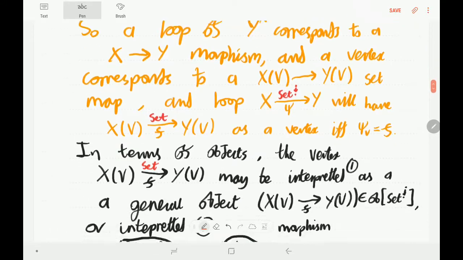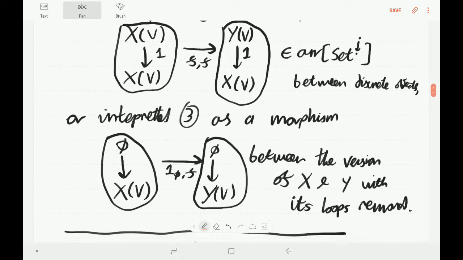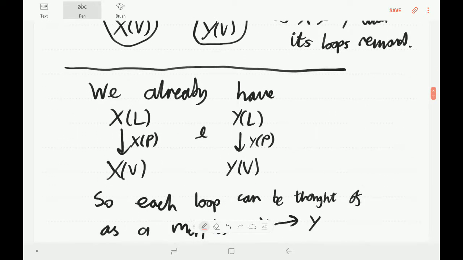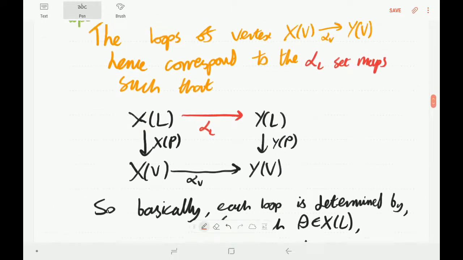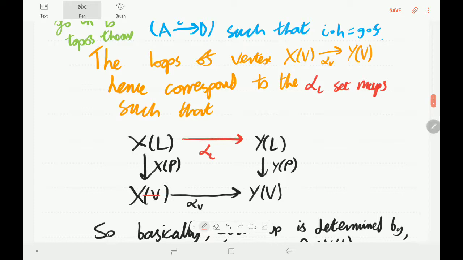And given this, we can actually find out the loops on a given dot. So say we have a dot in the exponential object, that will correspond to a mapping alpha v from x of v to y of v. Well, then all the loops are just going to be all the functions from x of l to y of l which complete this square here.